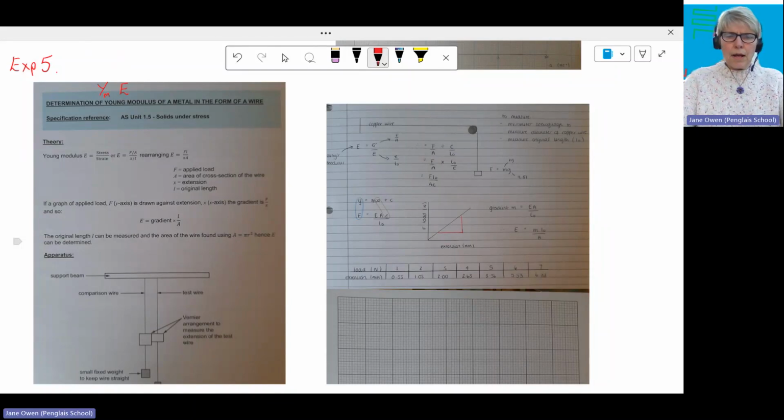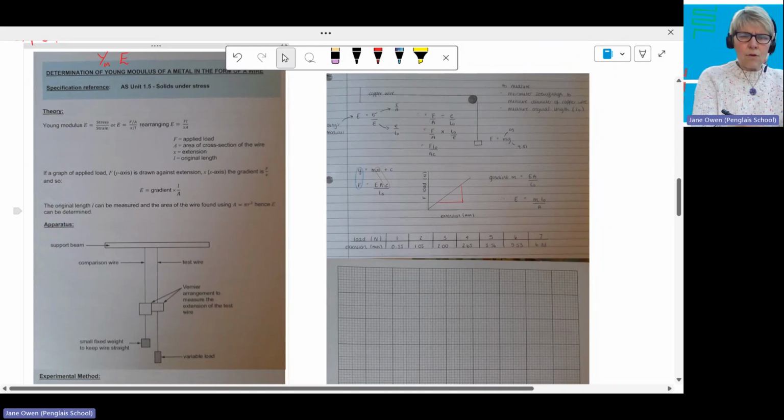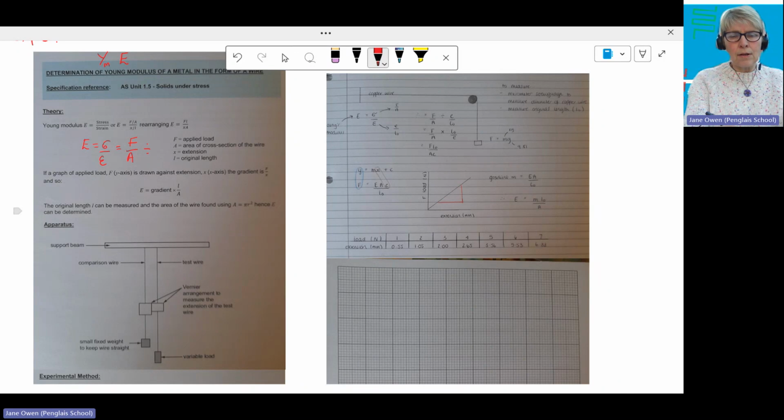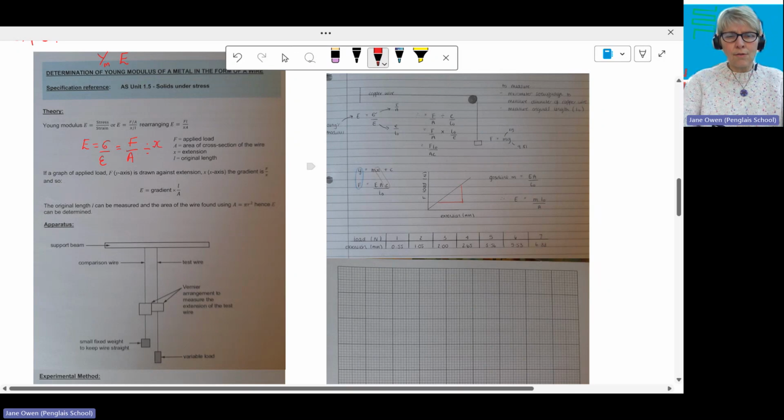Okay, so we have here E equals stress divided by strain. But we know that stress is equal to force divided by cross-sectional area A, and strain is equal to extension divided by the original length. They've given extension as x, but I tend to use little e.